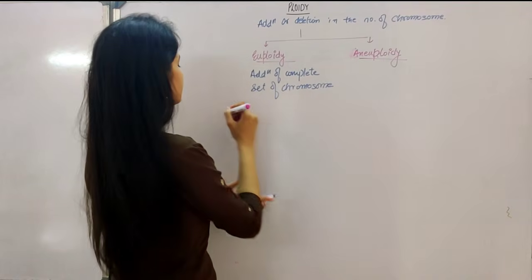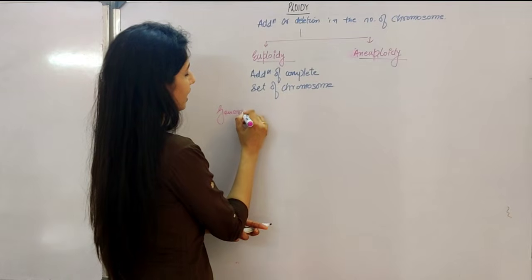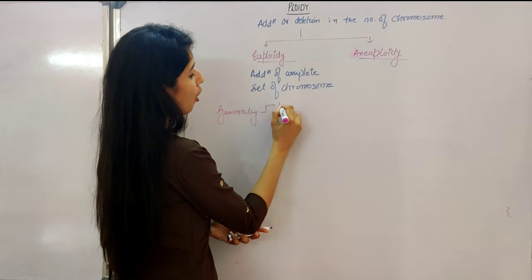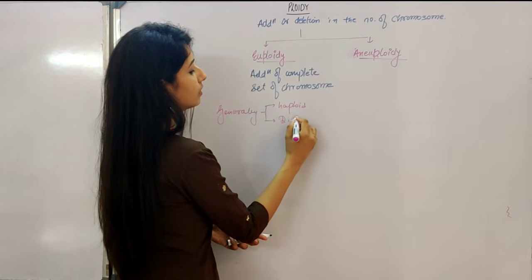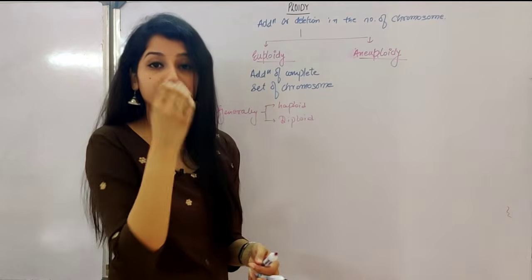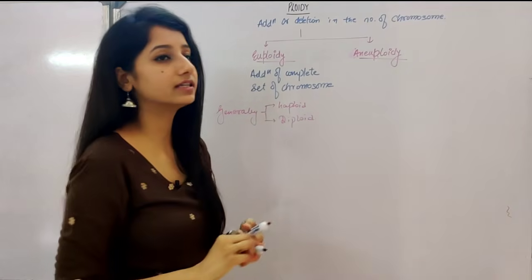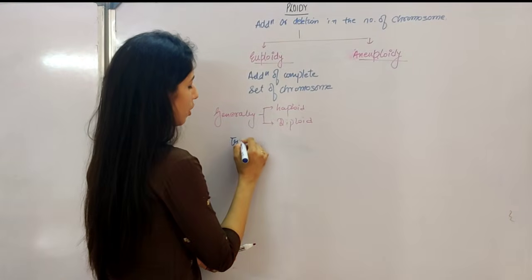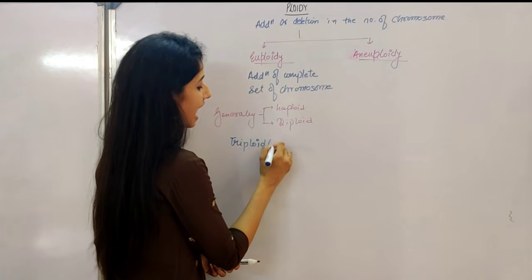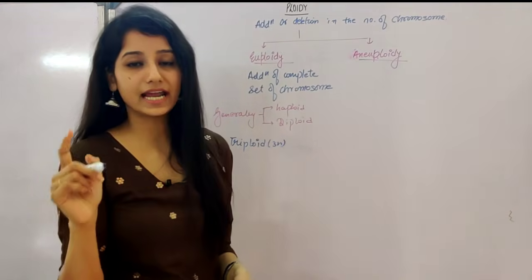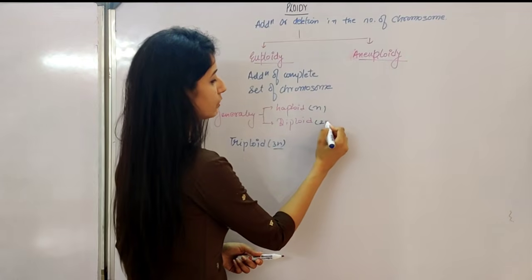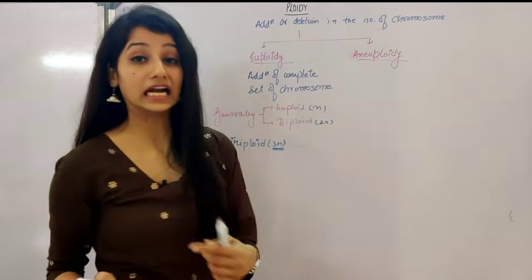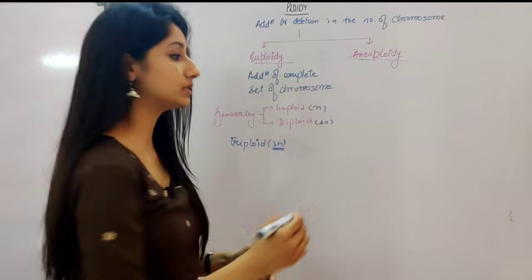Generally the organisms are of two types. They are either haploid or they are diploid. But now if there is an addition of a complete set occurring there, it can be triploid. What is triploid? A complete one set is added. It is 3n. First it is n, then it is 2n and then it is 3n. That a complete set of chromosomes is added.